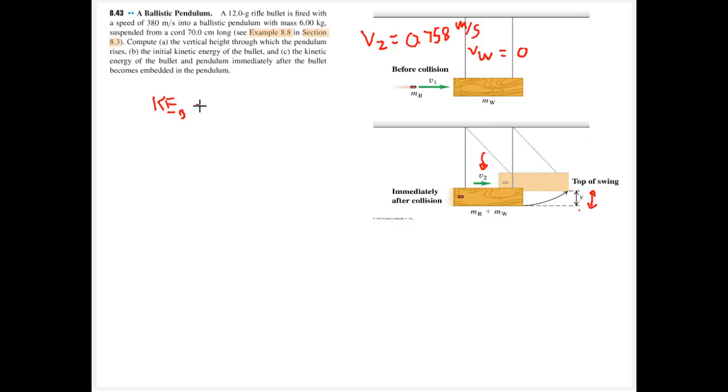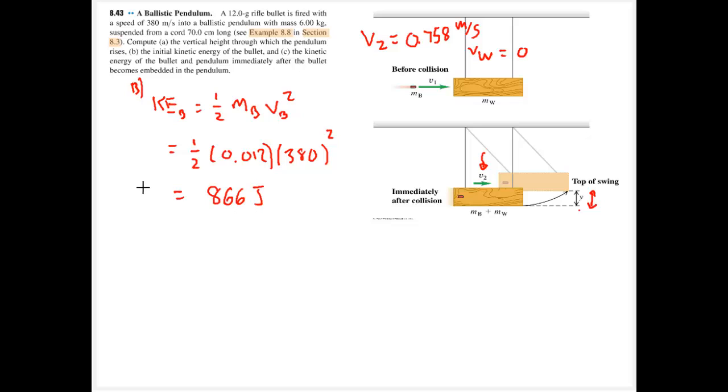The kinetic energy of the bullet is simply going to be 1/2 the mass of the bullet multiplied by the velocity of the bullet squared, so 1/2 multiplied by 0.012 kilograms multiplied by 380 quantity squared, and the kinetic energy of the bullet is going to come out to be 866 joules.